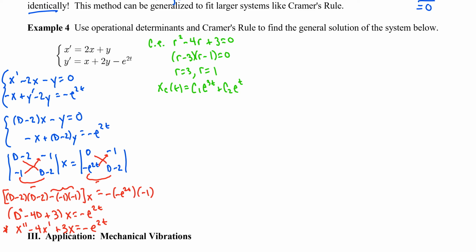However, we have a non-homogeneous term. So let's assume that the particular function has the same nature. We'll call it A e^(2t).